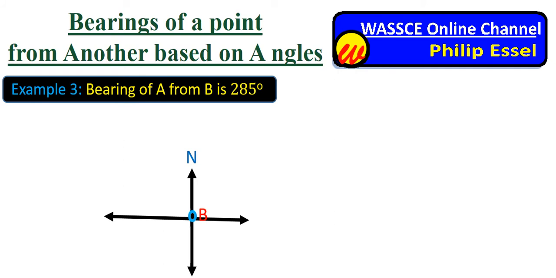We will then measure the angle 285 degrees from the North Pole. Then we would show our arrow diagram moving from the point B to the point A.